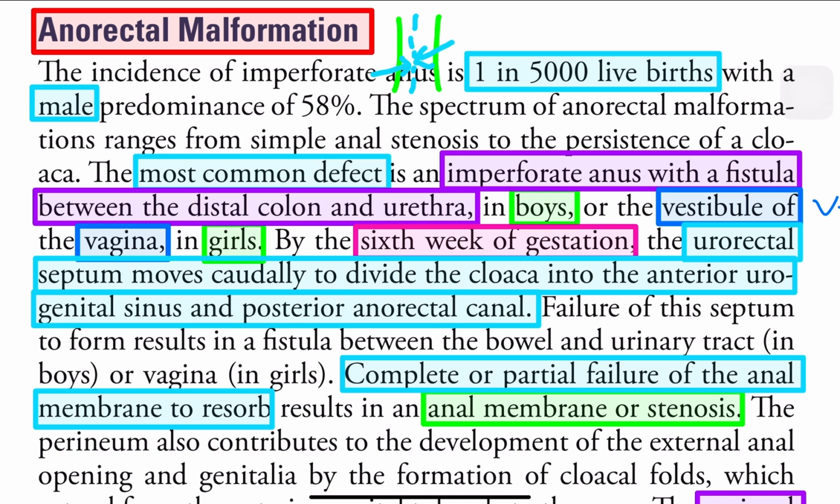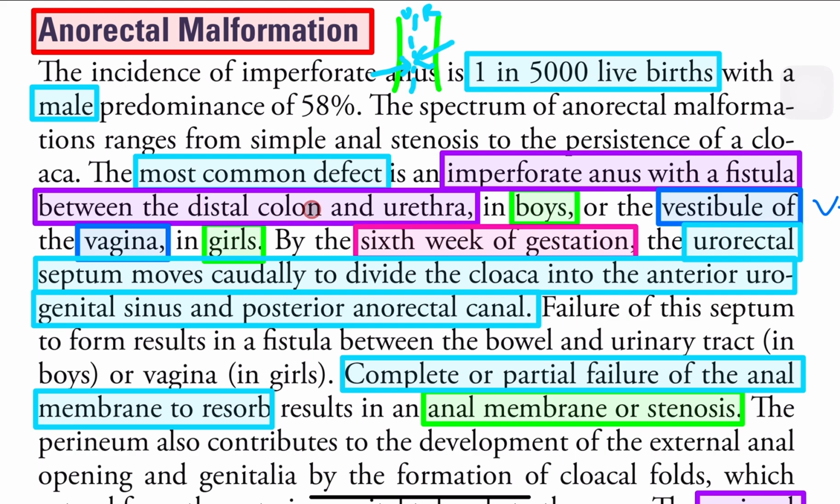So this has to happen in the 6th week. The 6th week urorectal septum. This septum is called urorectal: uro this part and rectum this part. So the urorectal septum moves caudally to divide the cloaca into anterior urogenital sinus and posterior anorectal canal.